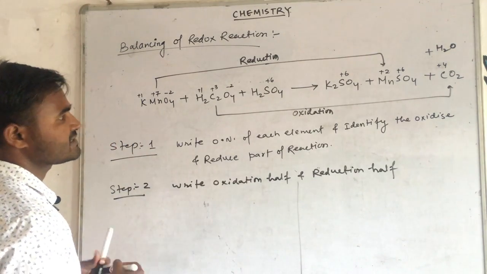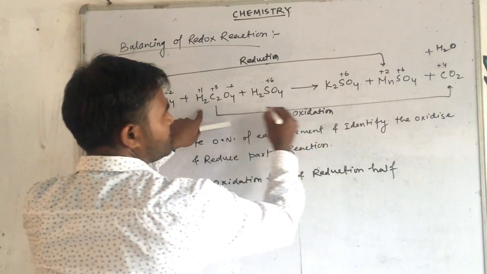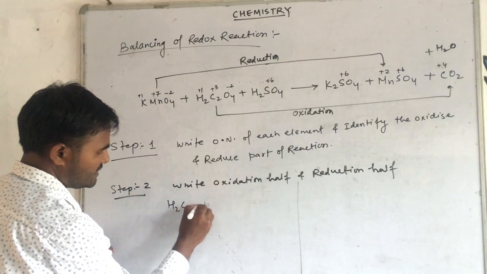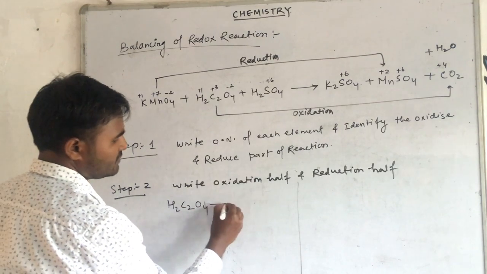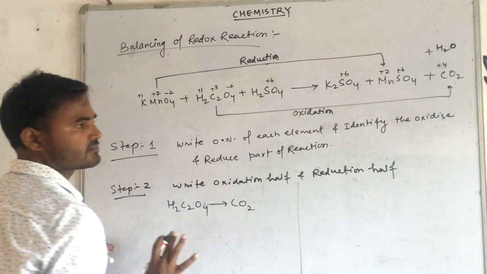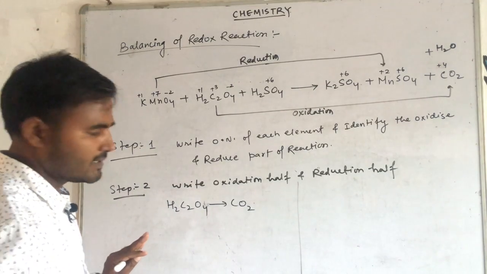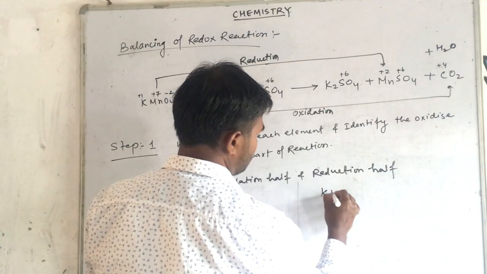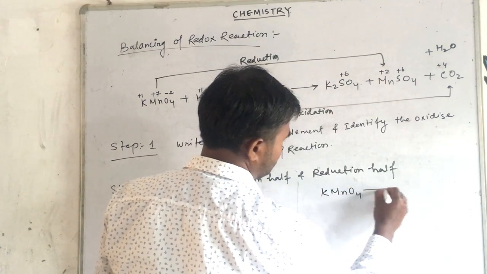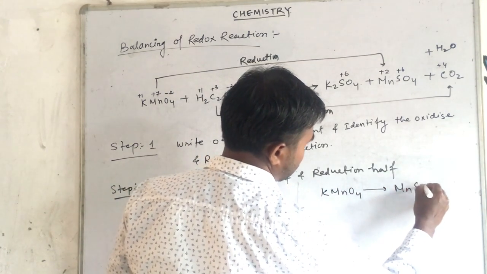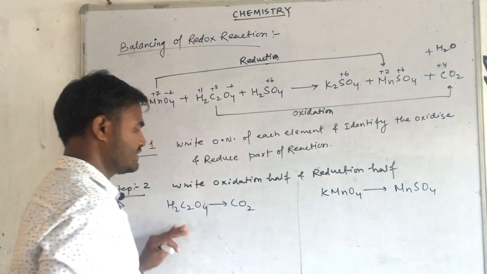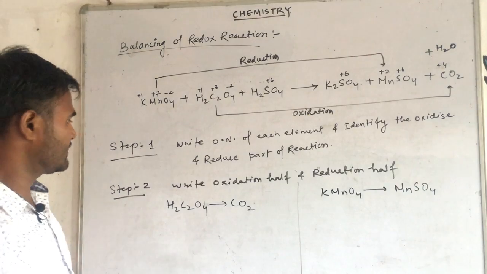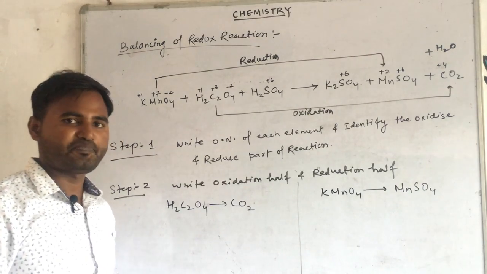The oxidation half is the part which is oxidized, that is H2C2O4 changing to CO2. After that, the reduction half is KMnO4 changing to MnSO4. This is the oxidation half and this is the reduction half. So step 2 is completed.